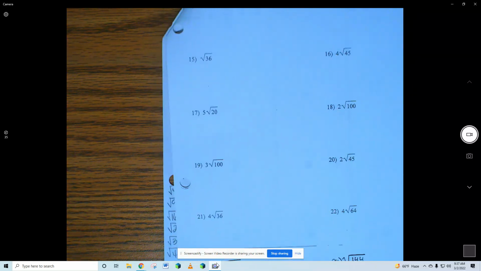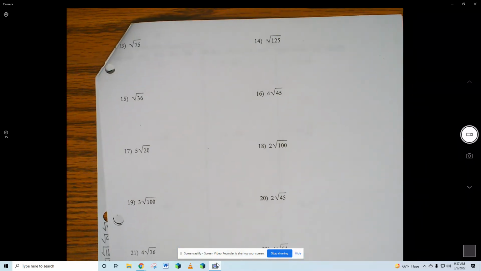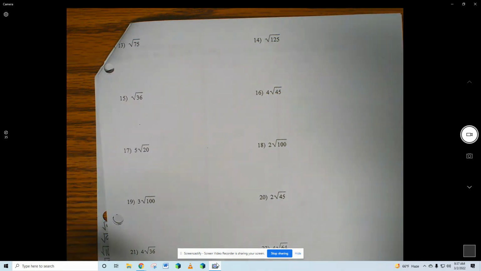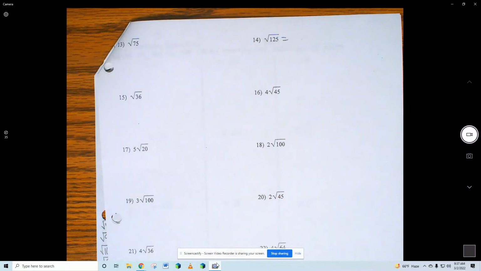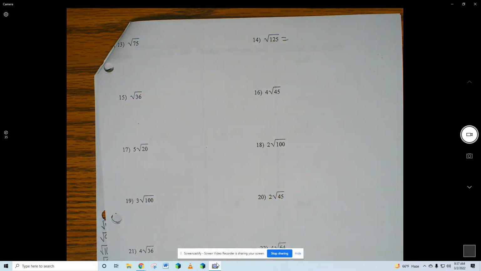I want to turn the page. I want to do some on this page, like number 14. 125. 4, 9, 16, 25, 36. How many 25s? 25, 50, 75, 100, 125.